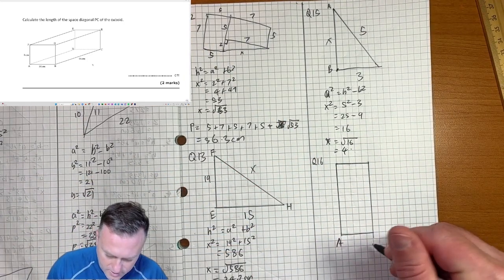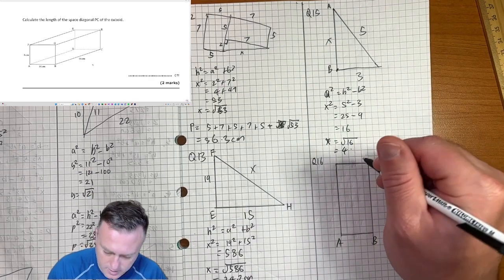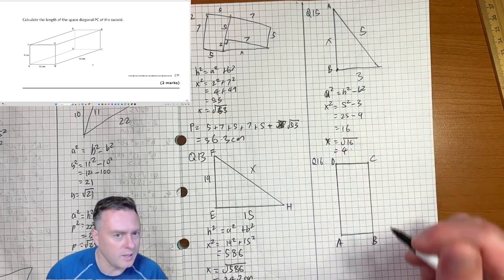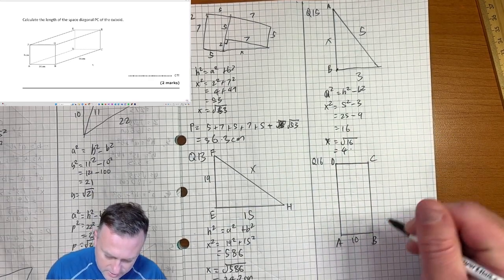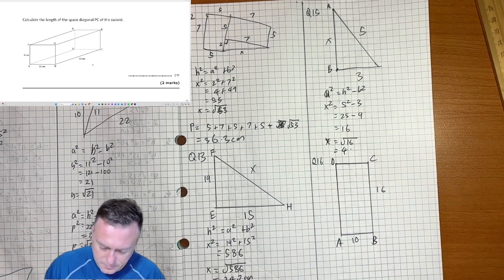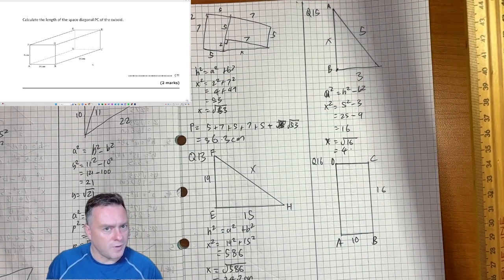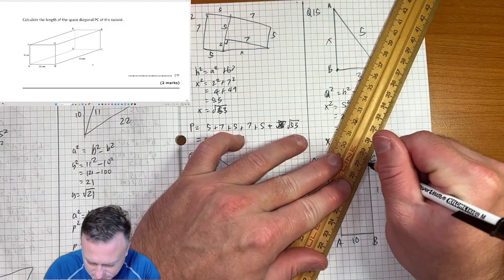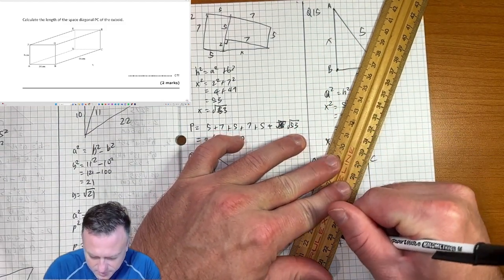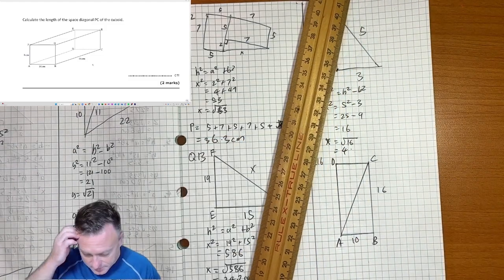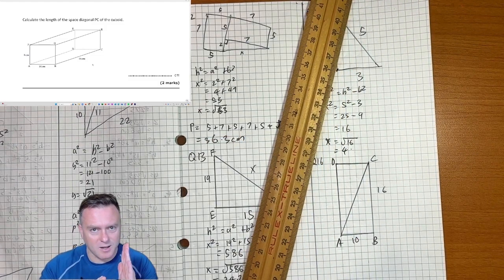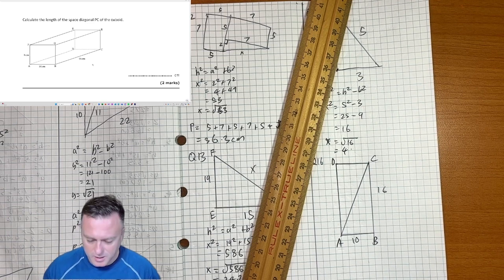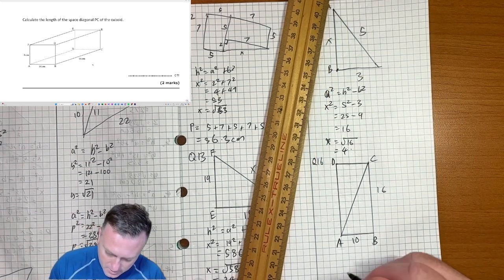I'm going to go A, B, C, and then D. We know this is 10 and this is 16. So to find P to C, we actually need to know what A to C is first, along the bottom there. Once we work that out, we know it's 8 high, so then we can use that measurement and merge it all together.